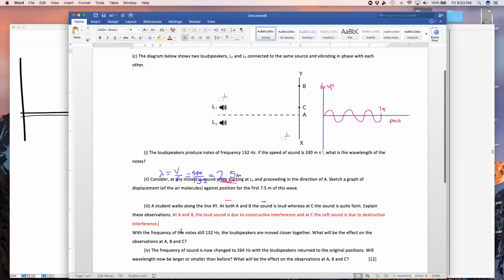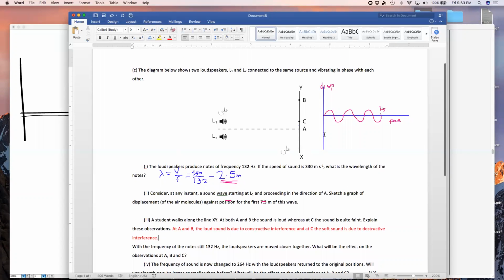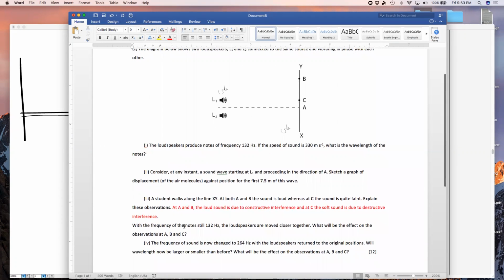Next part. We got this. I can clear this drawing. Next part: with the frequency of the notes still at 132, the loudspeakers are moved closer together. We had spoken about this equation.